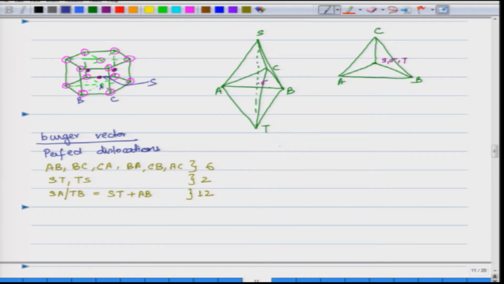Now, let us look at the possible partial dislocations.